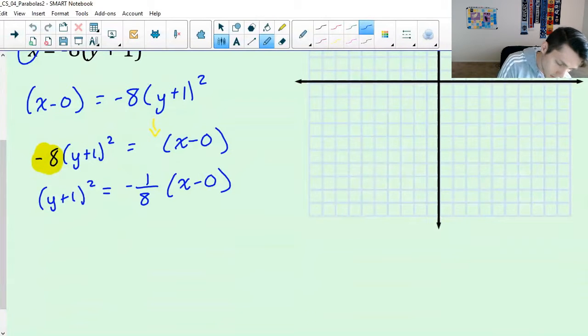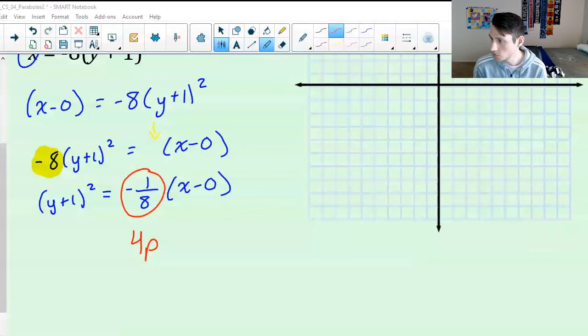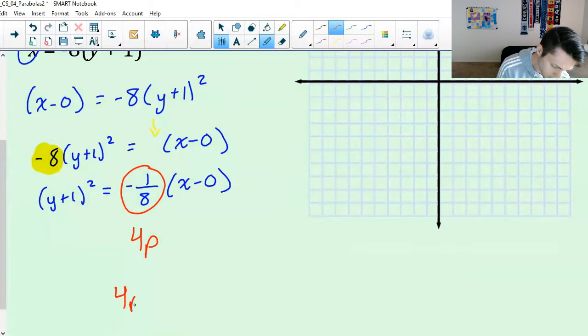Okay, so we know that whatever's in front of that is actually just disguised as 4 times p. So we need to figure out what is the value of that variable lowercase p in this case. So let's figure it out. Okay, 4 times what number would make negative 1/8?